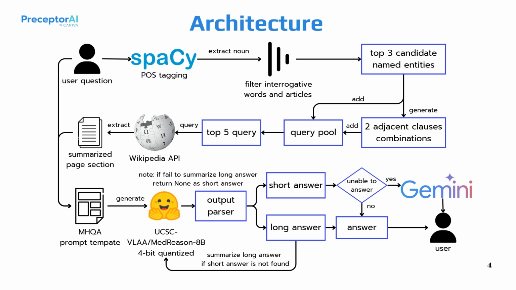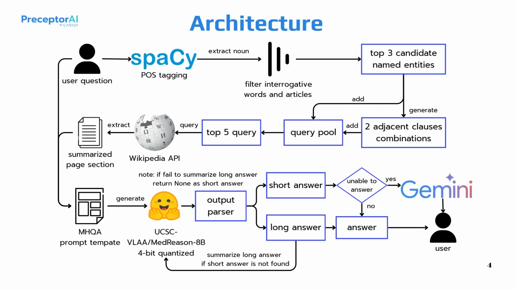be mixed up with the raw entities, and we select only the top 5 due to our resource constraint for searching and retrieval. We then use this query to search on the text-based search engine, which in this case is Wikipedia, and then extract the summarized section, applying a one-shot prompt template, and then generate the response with the 4-bit quantized MedReason 8 billion model.